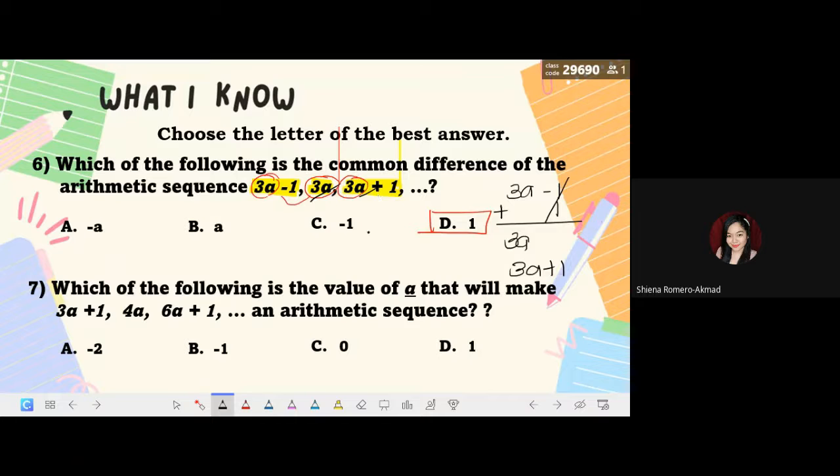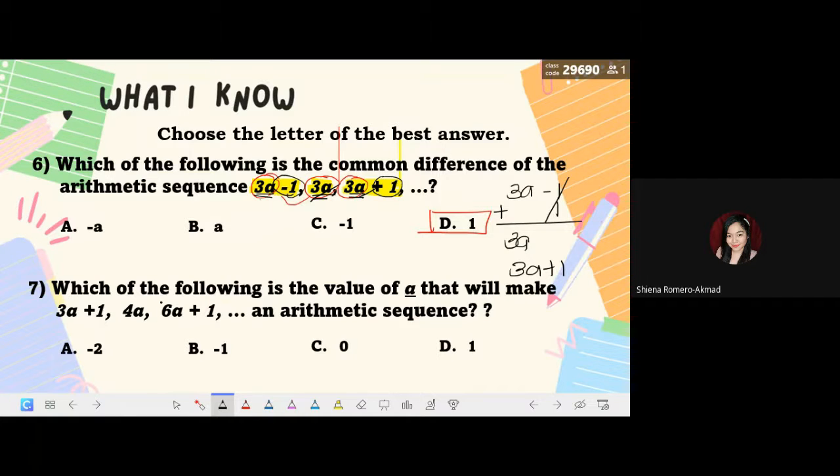Yung next term natin. Okay? All you have to do is to observe which is common kapag expression yung inyong terms like this. Tingnan nyo anong common sa kanila. And then, aling part ng expression ang nagbabago. So, doon kayo magbabase ng inyong common difference.